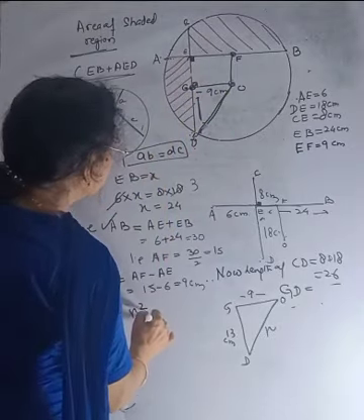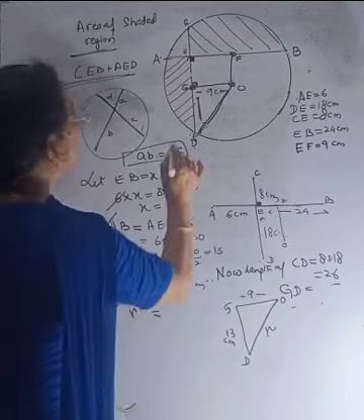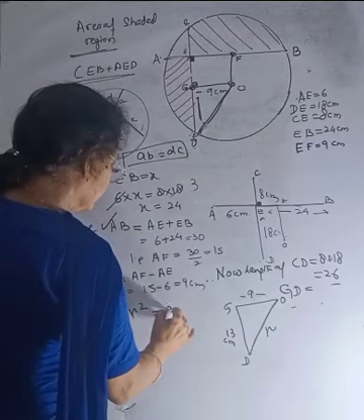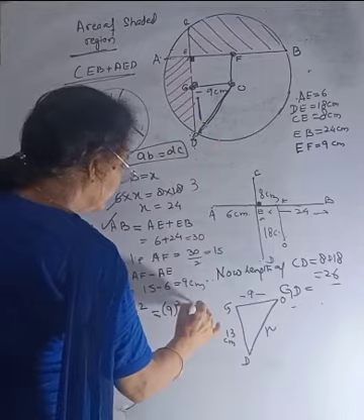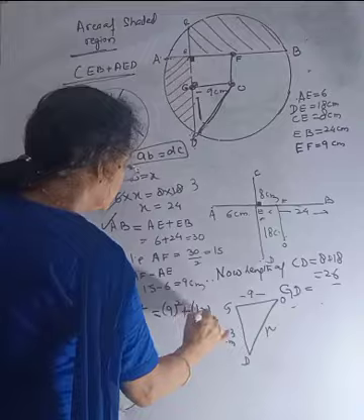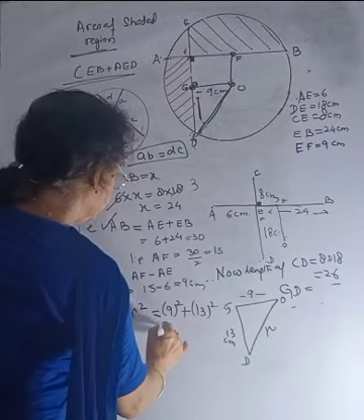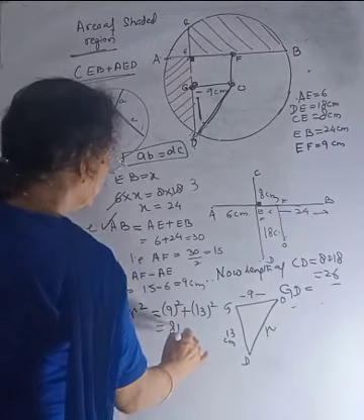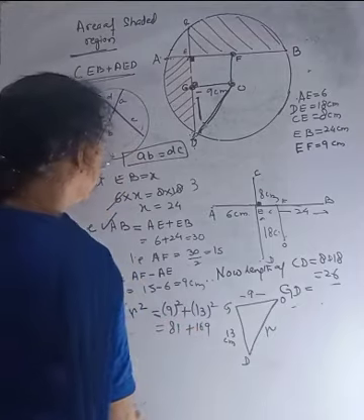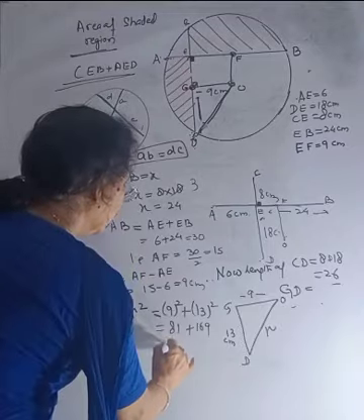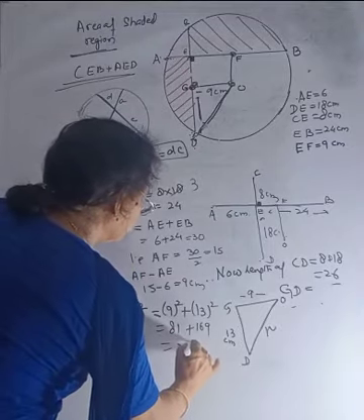R square will be equal to 9 square plus 13 square. This is 81 plus 169. Add it, this will get 250.